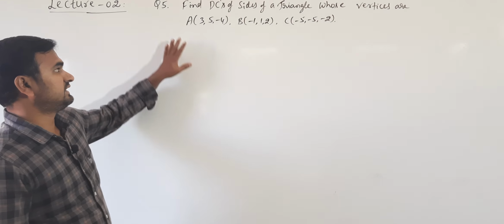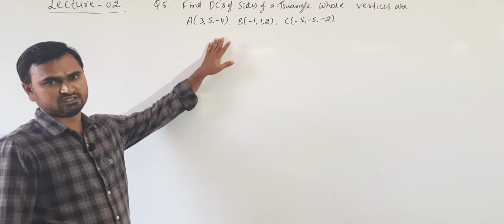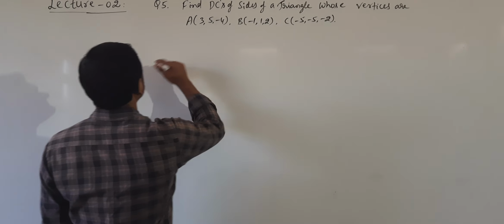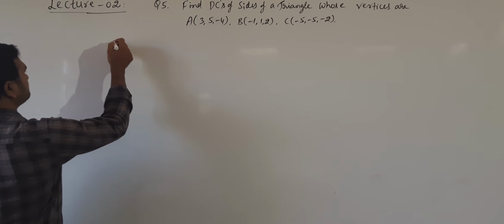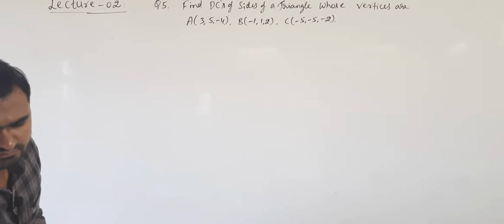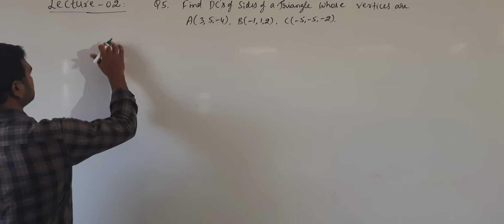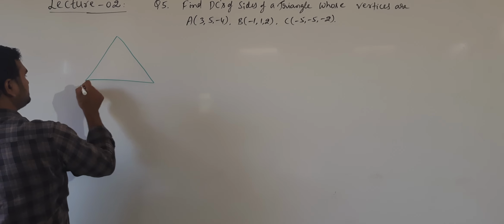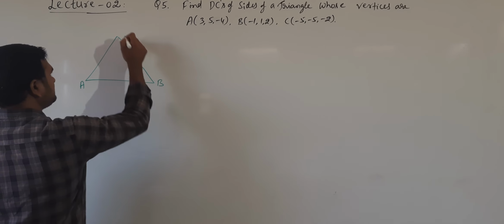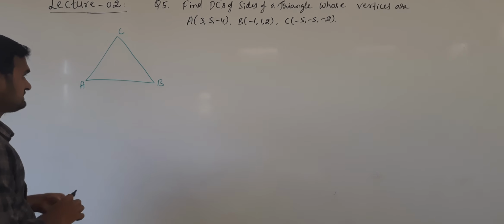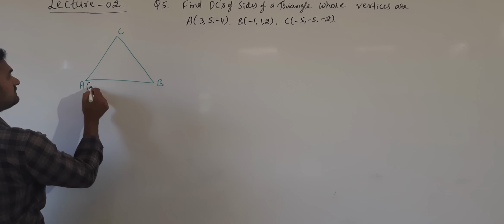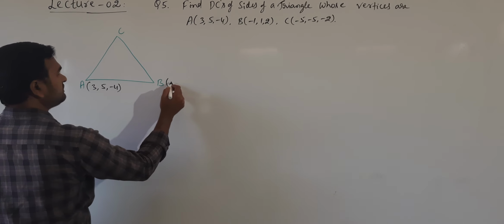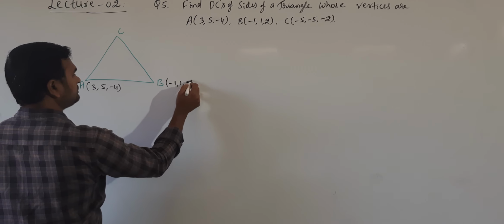So we have to find the direction cosines of sides of the triangle whose vertices are given. Suppose the triangle is like this, with vertices A, B, C. A is 3, 5, minus 4. B is minus 1, 1, 2.